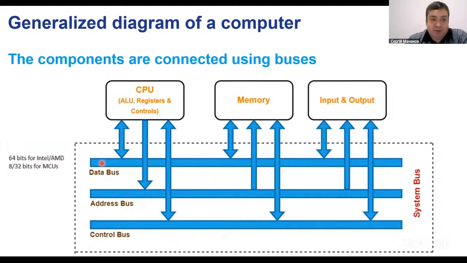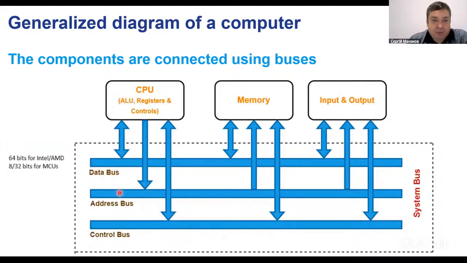That means that the largest number is 2 power 64, an extremely large number. So this is the meaning of our CPU bitness. It is just the data bus.